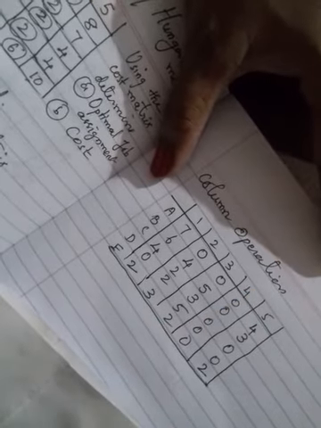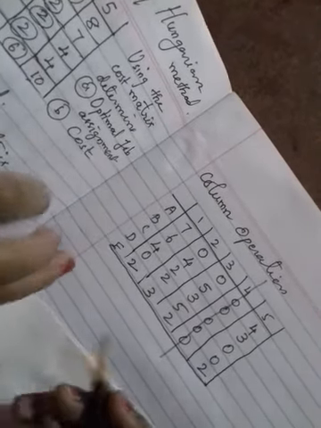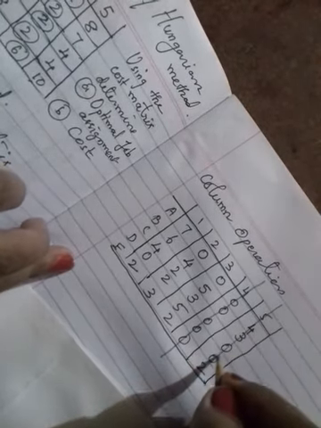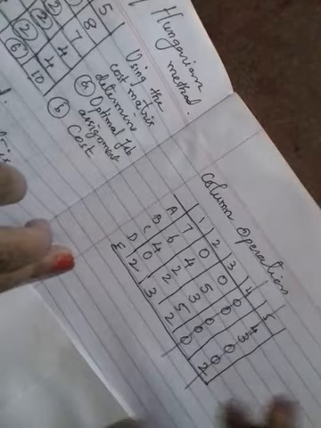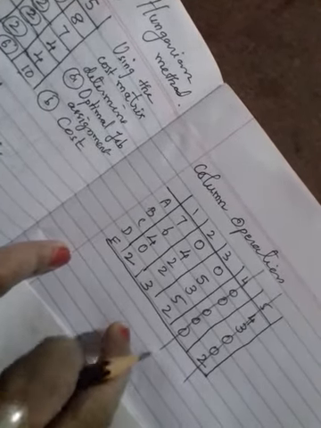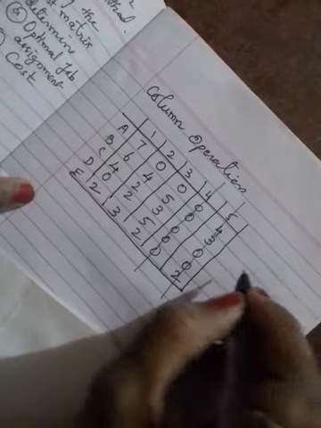Okay, where there is the maximum number of 0s, that particular column or row you have to select. Here the maximum number of 0s is there, so I am going to put one vertical line. Then where is the maximum number of 0s? Here, this is 2. Here I am going to put one vertical line. Only one thing you have to remember while drawing horizontal and vertical lines: you have to draw the minimum number of lines, not the maximum number.